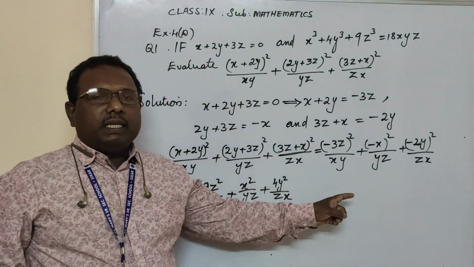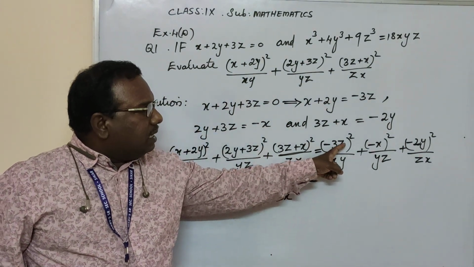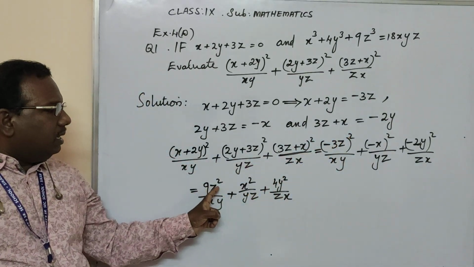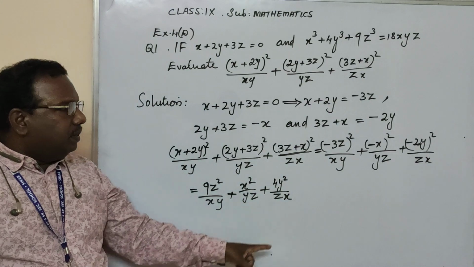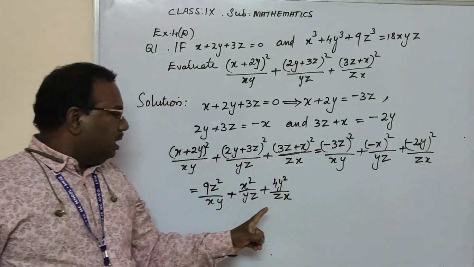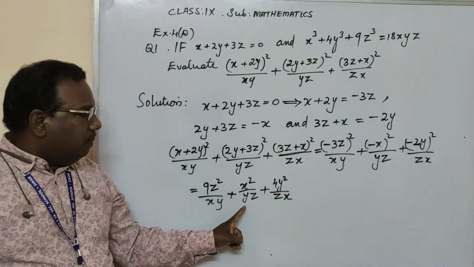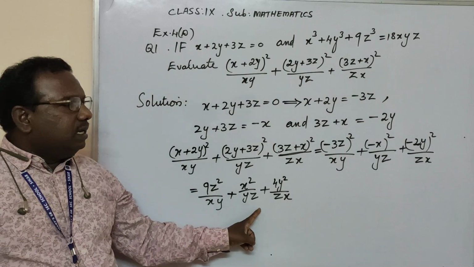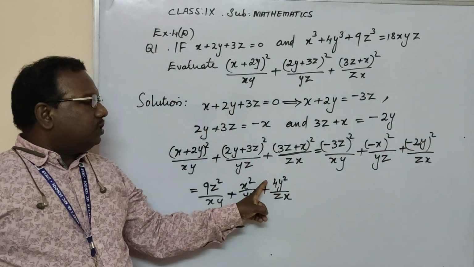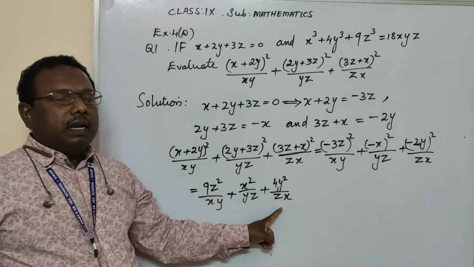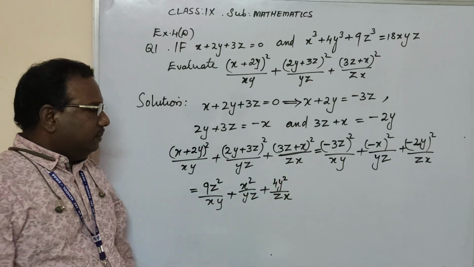Once more, I repeat the same. Minus 3z all square is 9z square divided by the same denominator xy. Then minus x all square is plus x square upon the same denominator yz, plus minus 2y all square is plus 4y square by denominator zx.